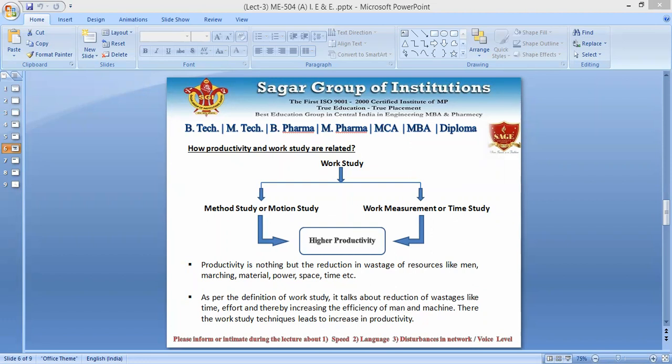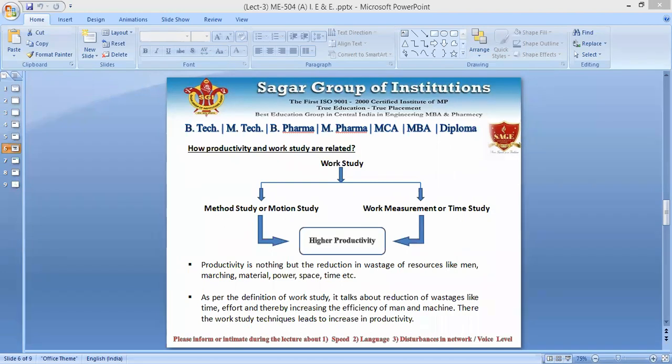Productivity consciousness should be stimulated in the country for getting the maximum utilization of available resources. We have discussed in the previous lectures what kind of resources we have: men, machine, money, method, materials, capital, power, etc. So these are the resources.